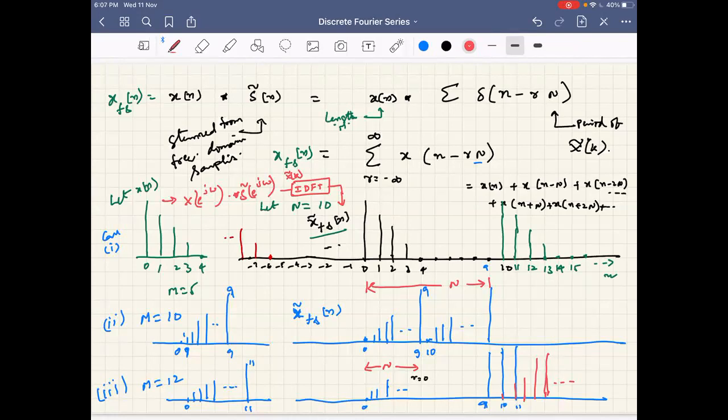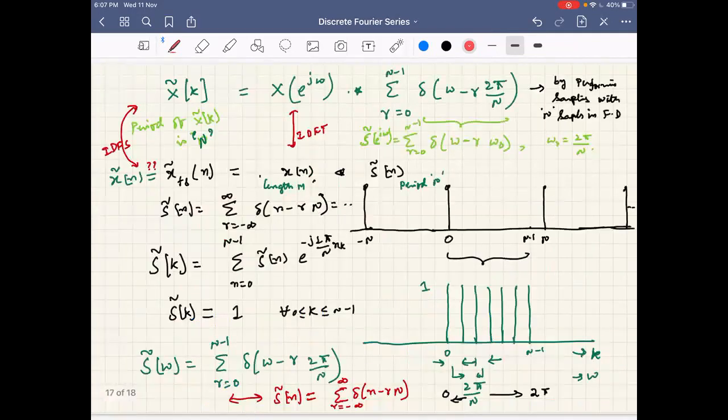So to get back the signal x of n, even after frequency sampling, what we need is that the number of samples in the frequency domain has to be higher than the length of the sequence M. If that doesn't happen, then we will not be able to get back the sequence x of n.